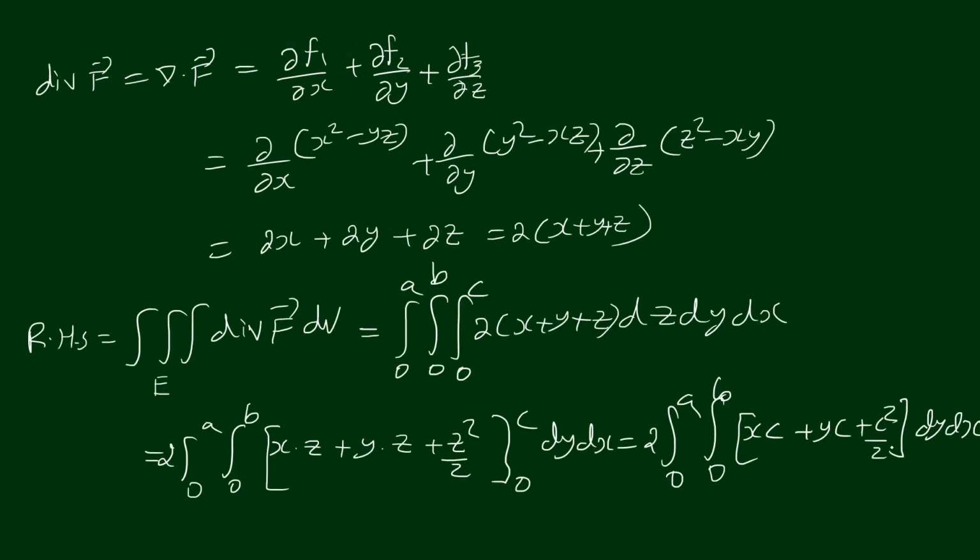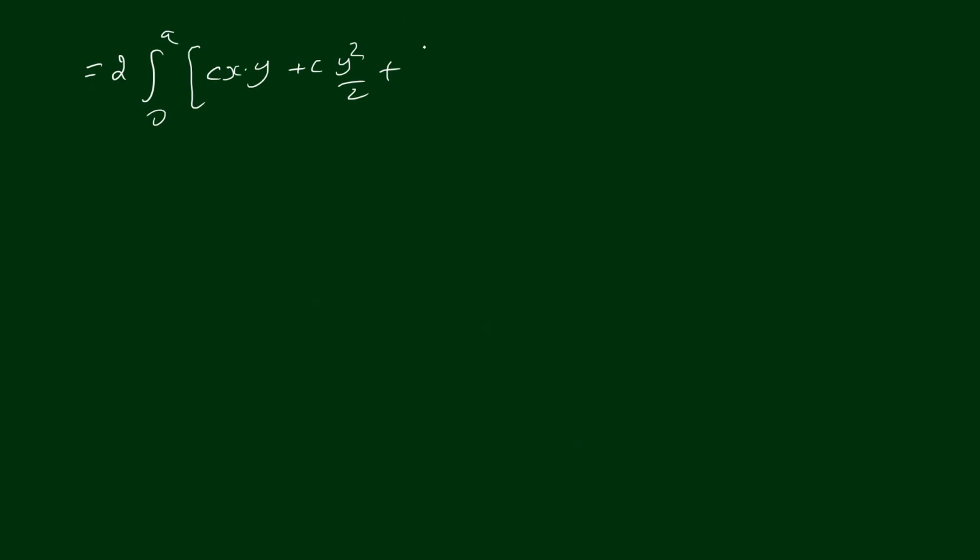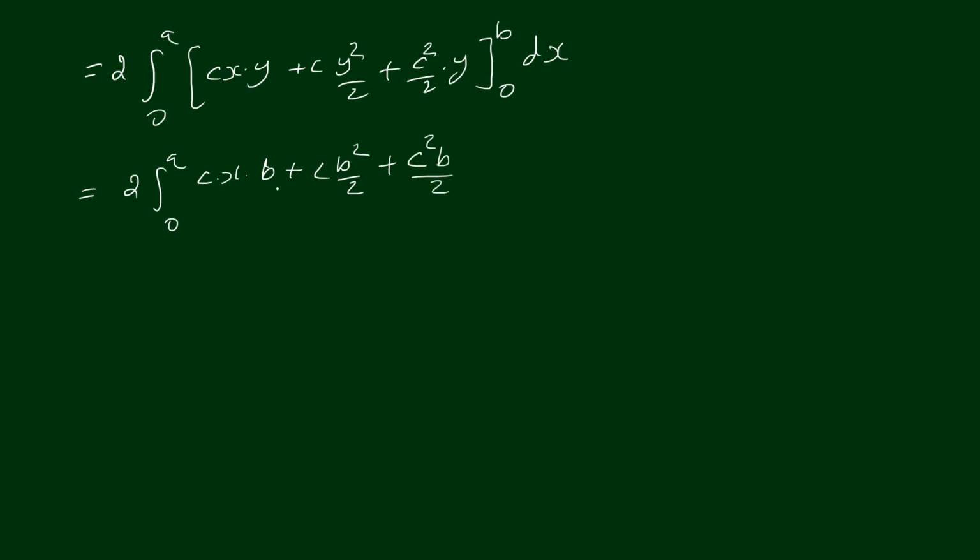Plus c square by 2 is a constant, so integration with respect to y will be c square by 2 into y, with limit from 0 to b, dx. Now we'll put the upper limit and lower limit for y. So we'll get cx into b plus cb square by 2 plus c square b by 2. If you put the lower limit, everything will become 0, so no need to put it again.